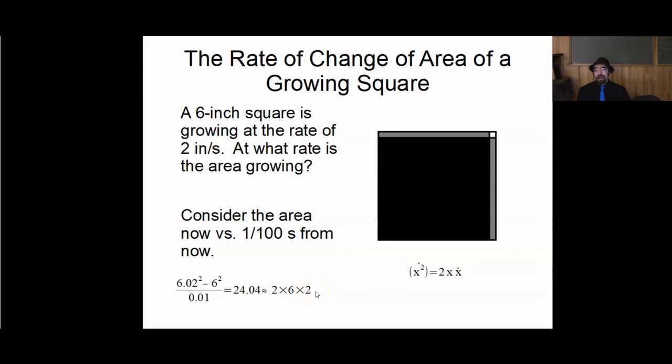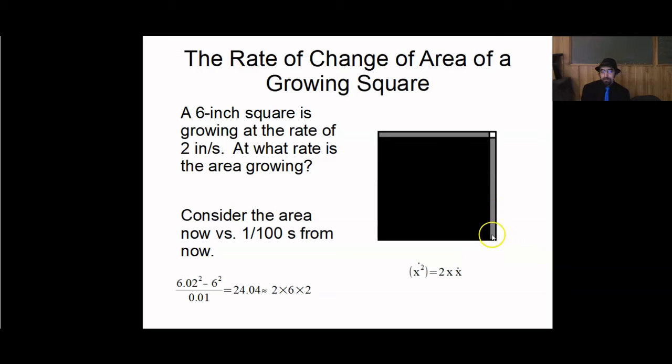More generally, if I imagine that this square is growing, how much extra area is added? Well, this gray area up here is going to be 6 times the 2 inches per second times however much time has elapsed. And then this one is 6 this way, and 2 inches per second times however much time has elapsed.